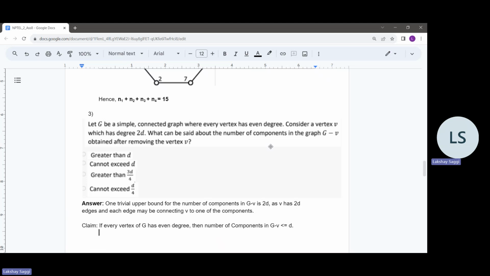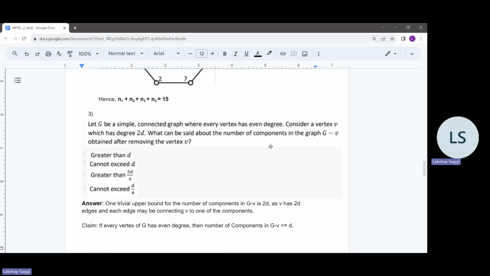Deleting a vertex is essentially deleting all the neighboring edges of that vertex. I can think of it as deleting all the edges adjacent to that vertex, and now this vertex is isolated and I can just put it away. So after deleting all the neighboring edges of that vertex, I'll be left with the desired number of components.